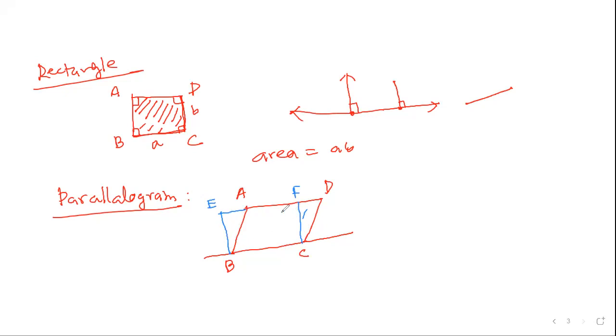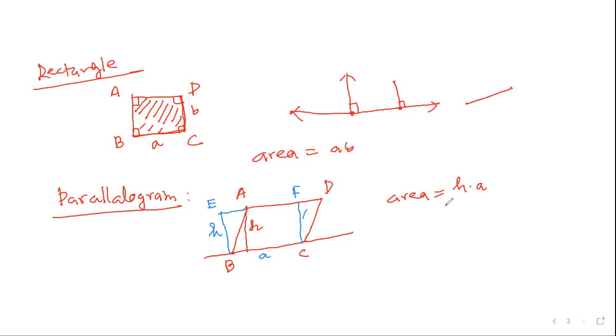So this means the area of EFCB is the same as the area of ABCD, the parallelogram. So now see, if you know this A and if you know this is, let's say, H, this is nothing but the height of the parallelogram. So the area of the parallelogram, we are getting height into base.